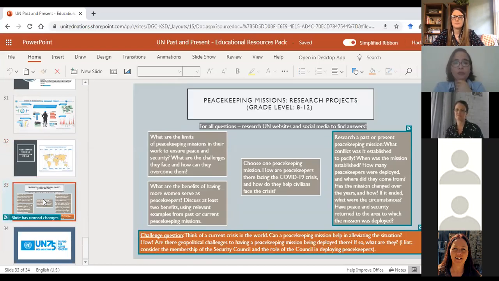And so for the research project, there are a few options. This is more for higher level students or high school students, where they can, for example, choose, or the teacher can choose for them, one of the peacekeeping missions, and they would go deep into the circumstances of the establishment of the mission, what happened in the region.